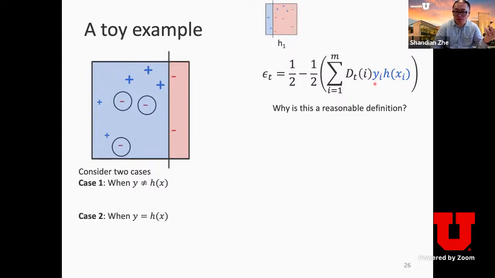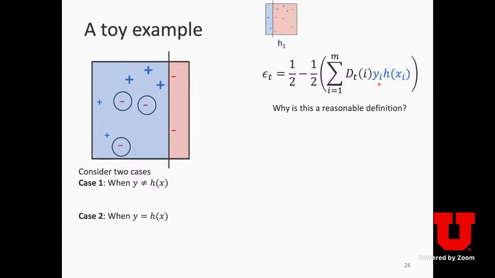Any thought? What if your prediction is wrong? What is the value of yi times h of xi? Any guess?